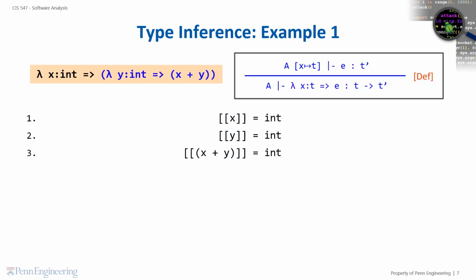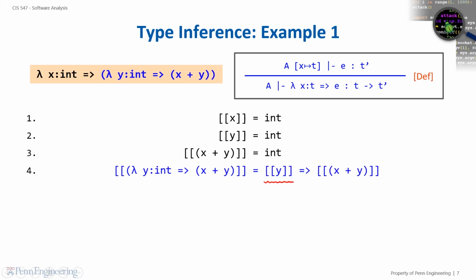Likewise, by the type rule for function definitions, we can conclude that the type of the function highlighted in blue must be equal to type of the parameter y, arrow, the type of the body x plus y.